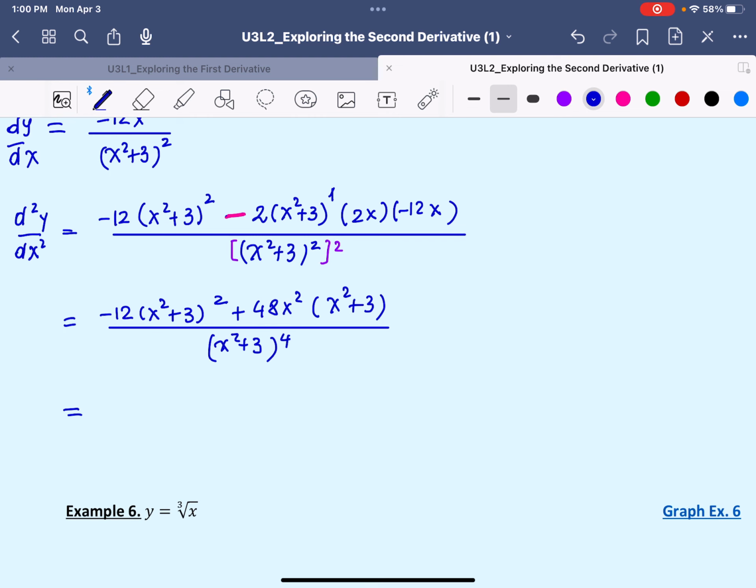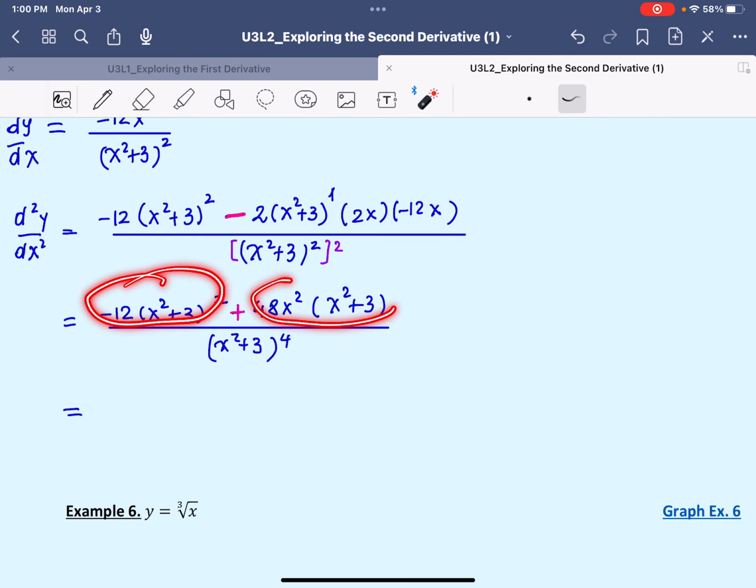So we're going to take out the greatest common factor. And for this, again, remember, keep an eye on the fact that we have two big groups of terms. So this one and this one, separated by a plus. So we will have to find the common factor from each monomial first. Negative 12 and 48x squared have a 12 in common.